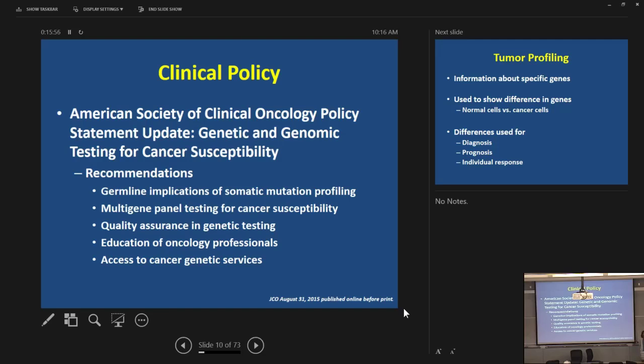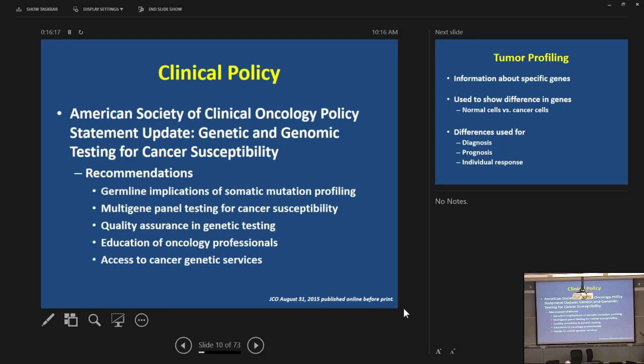So what should you do with that information? That's this question here: germline implications of somatic mutation profiling. They give some guidance to say that if you find a germline mutation that needs to be acted on, you've got to let the person know. You can't just keep all that information to yourself.